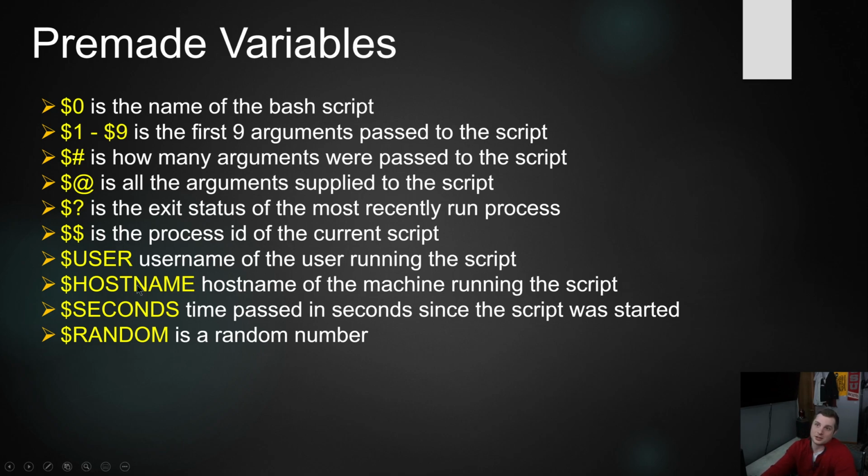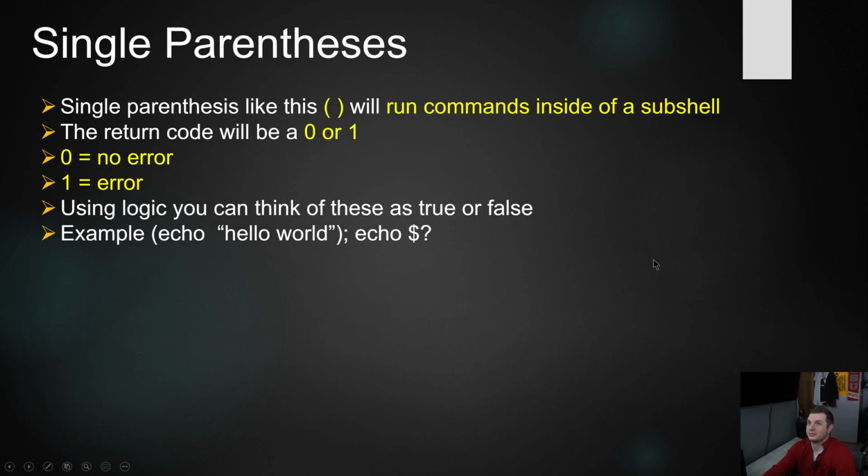So $ sign USER, HOSTNAME, RANDOM, those are things you're going to use frequently. So yeah, just make sure that you know that it exists and that you're not necessarily recreating the wheel because it's probably already made for you.